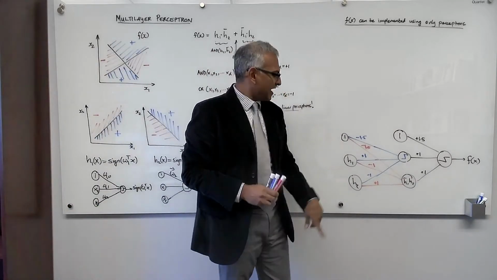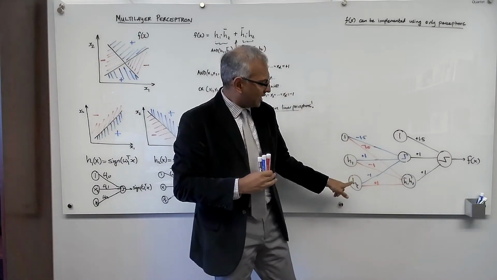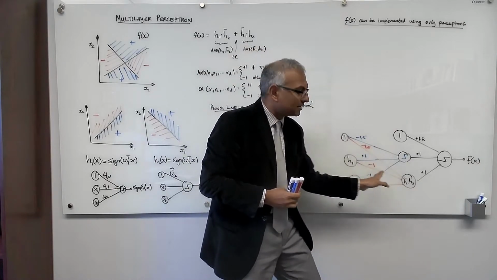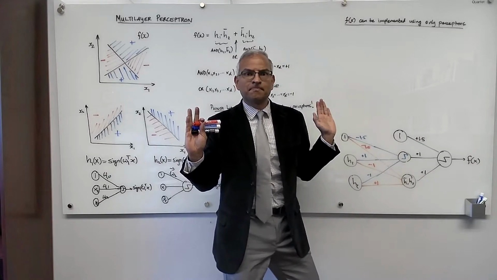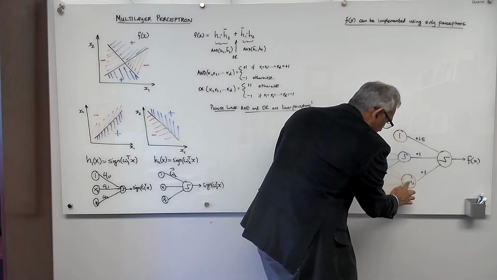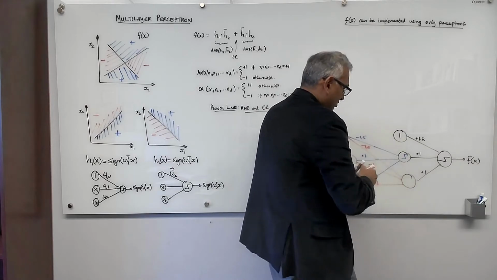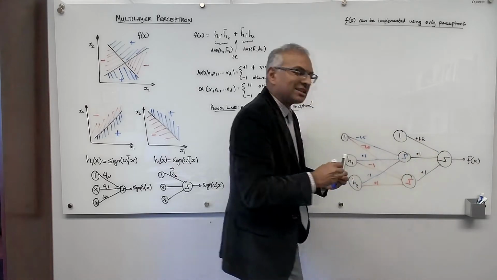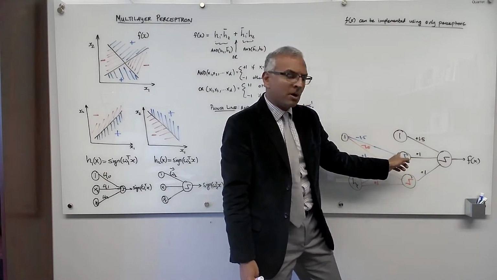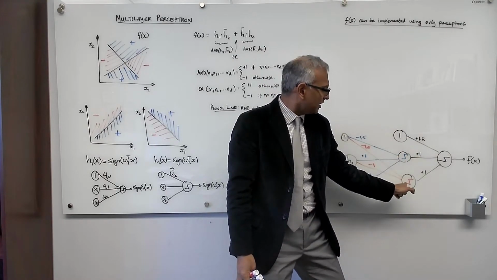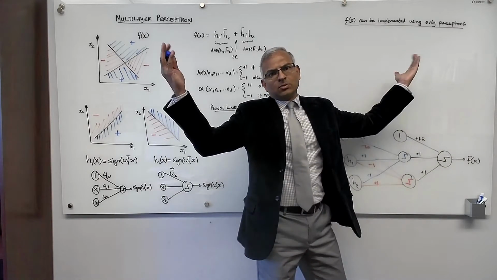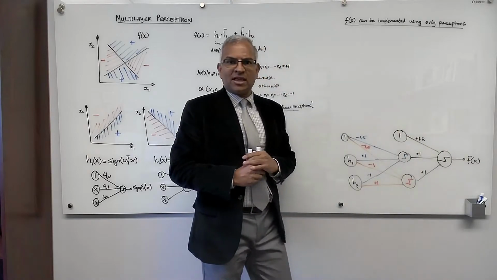So, if I had H1 and H2 as inputs, I can implement two ANDs, which are just perceptrons. That gives me, so here, I need to now compute the sign. So that gives me H1 and H2 bar going out of here, and that gives me H1 bar and H2 going out of here, and I can implement the OR, and we're all set. Boom, I've got f of x.